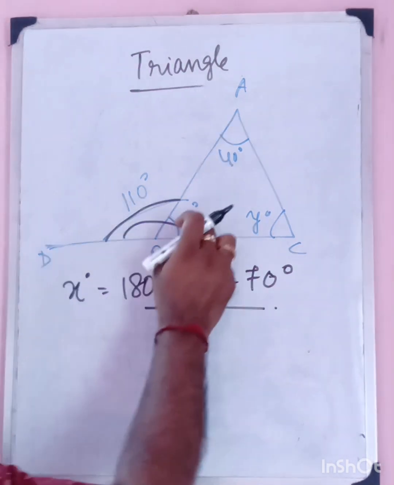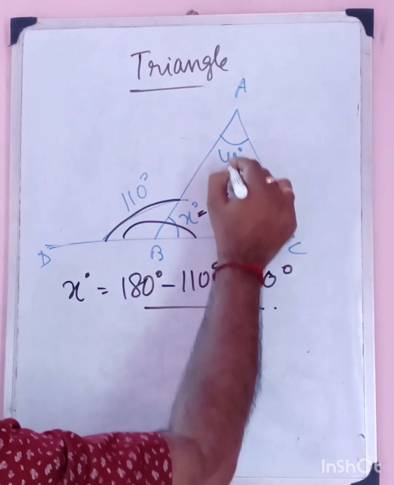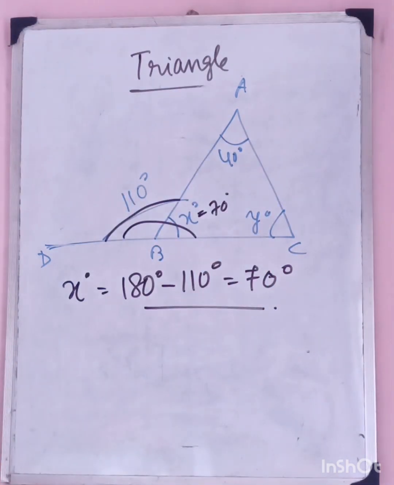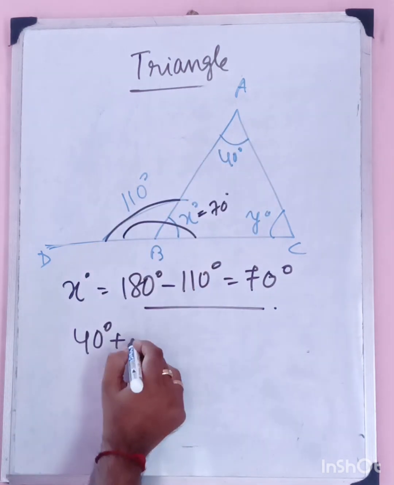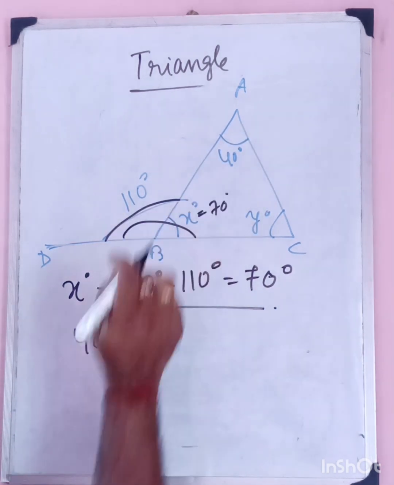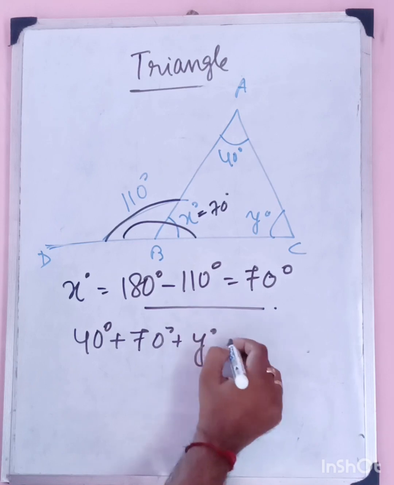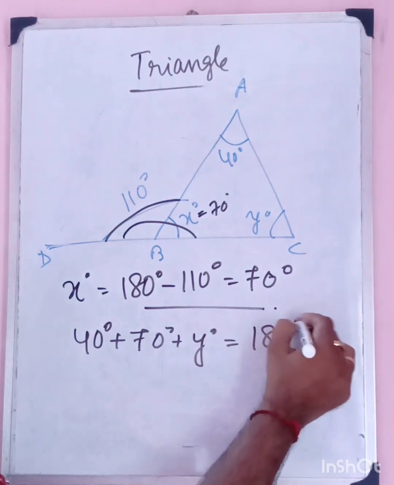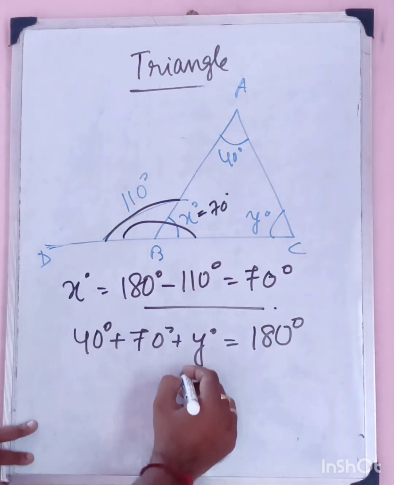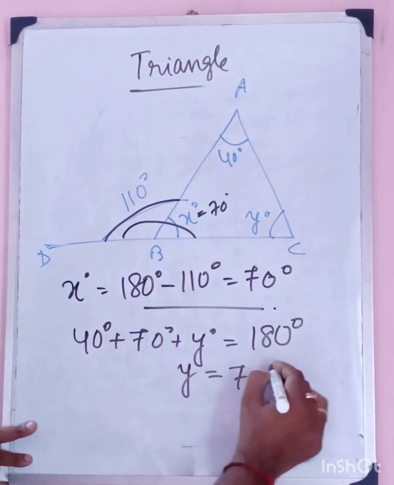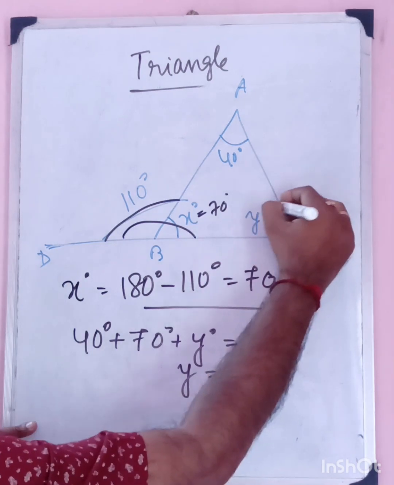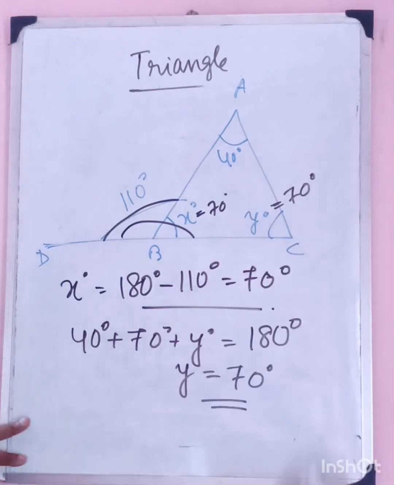Once you get it 70, this is given 40, and sum of three angles of a triangle is again 180. So you can write 40 degree this one plus 70 degree this one plus y degree equals to 180 degree. If you calculate, this becomes 110, 70. So y is also 70 degree.